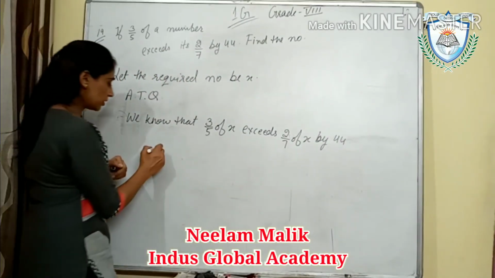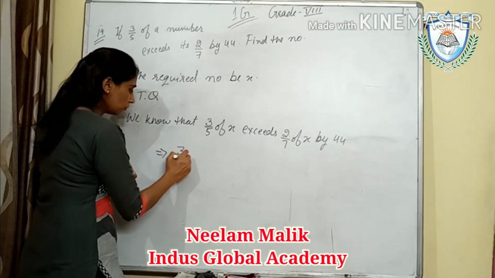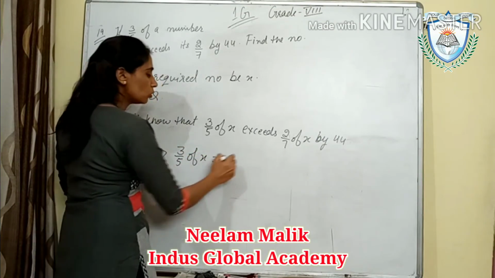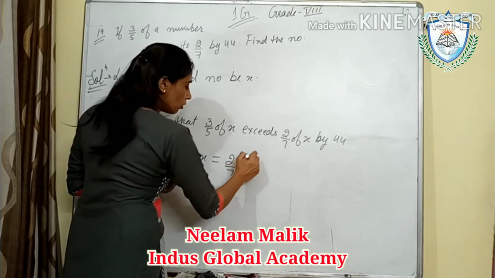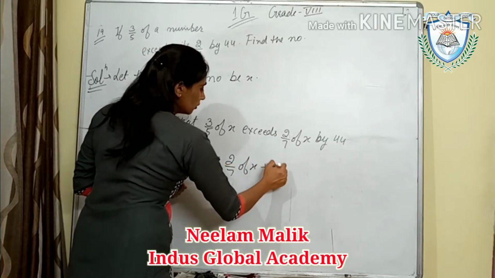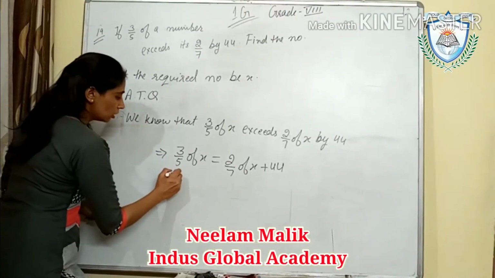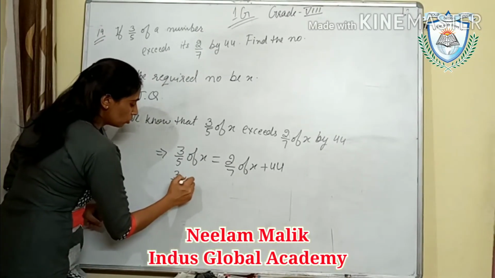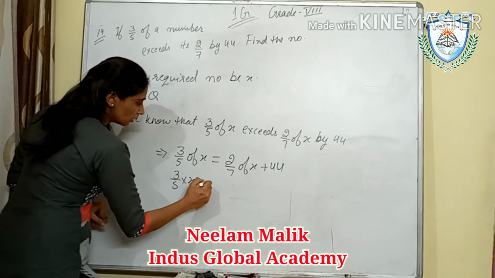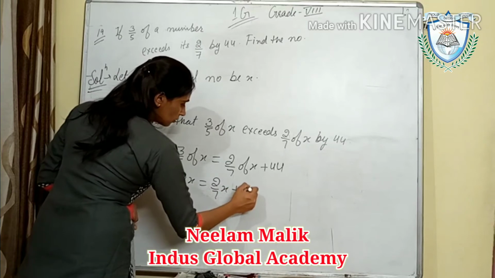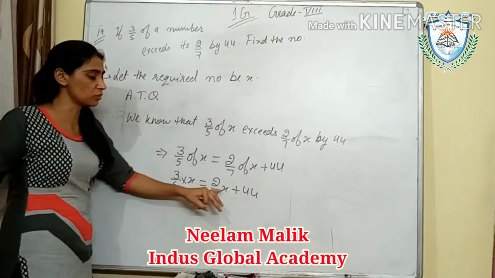So what will we write here? 3/5 of x is equal to 2/7 of x plus 44. Now we have to solve this equation. 3/5 into x is equal to 2/7 x plus 44. Of means multiply, so I multiply.